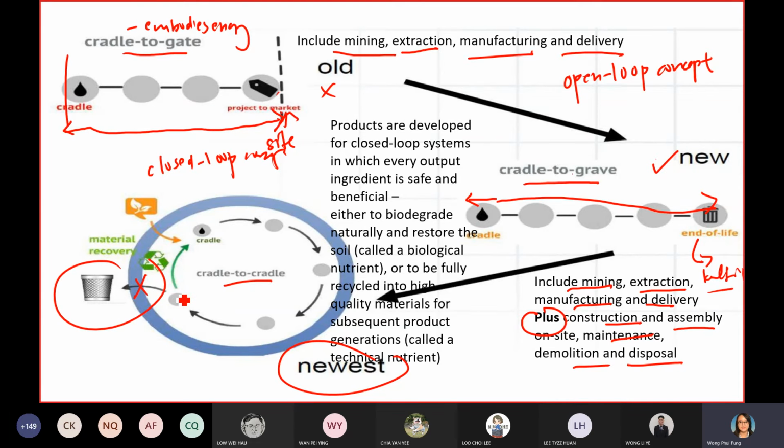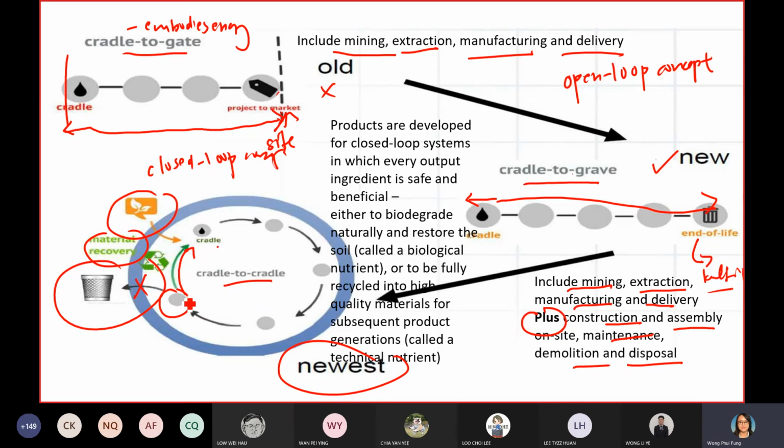If possible, all the waste that we generate should be returned back to the cradle, returned back to our mother earth to produce new things again. So that you can see here, material recovery. So in this newest concept, the closed loop concept, it actually requires the material, the product to be designed.